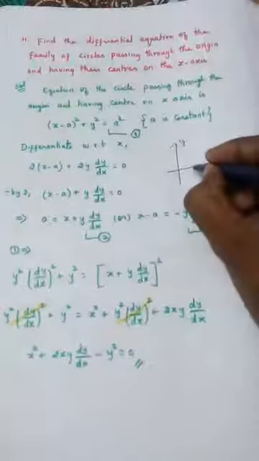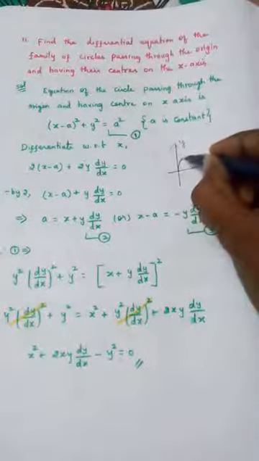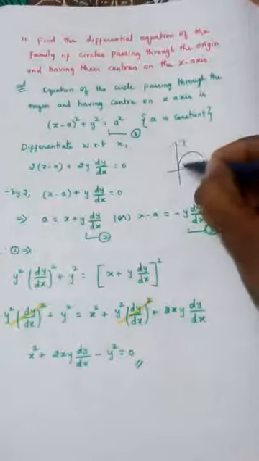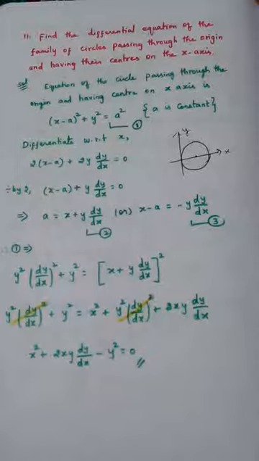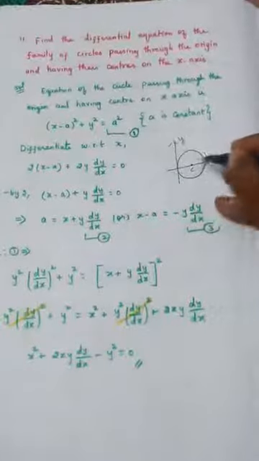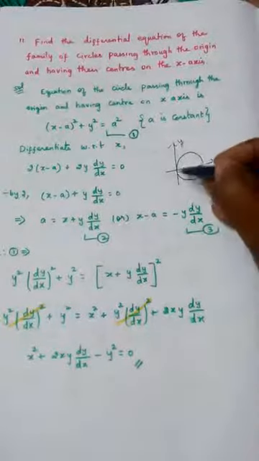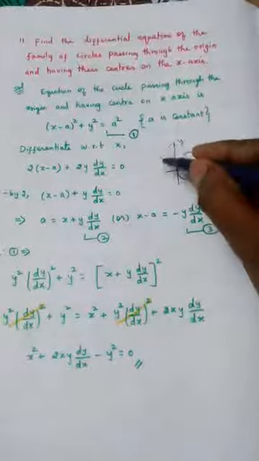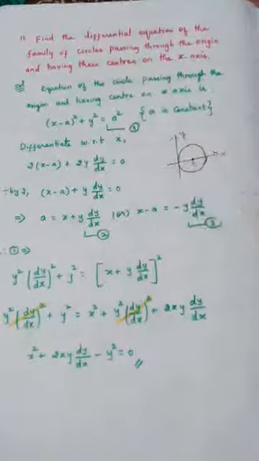Suppose this is the center, for example, the center should be on the x-axis, and if I draw a circle, it should be like this. It should pass through the origin and the center should lie on the x-axis. C is the center of the circle which lies on the x-axis and the circle passes through the origin. Similarly, I can draw another circle here, and some other circles there.